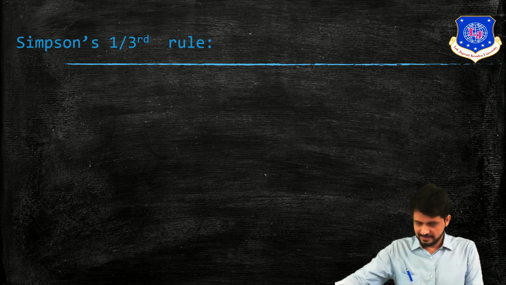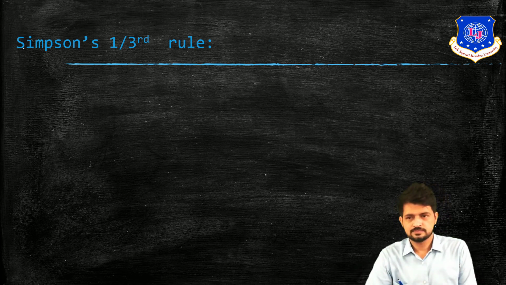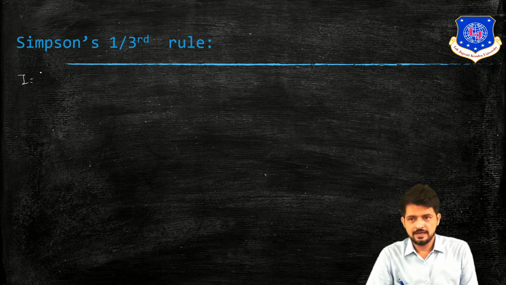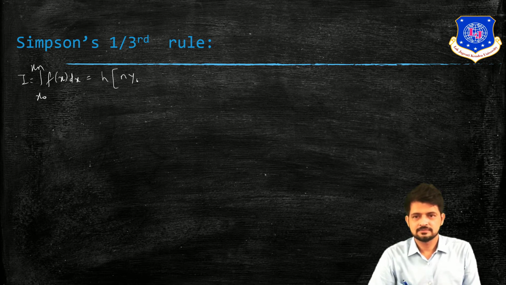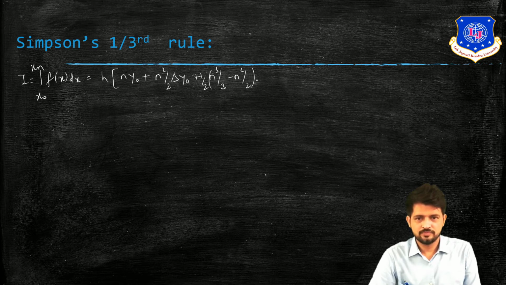We remember what our Newton-Cotes formula is. Integration from x0 to xn, f of x dx can be written as h in bracket n y0 plus n square by 2 del y0 plus 1 by 2 into n cube by 3 minus n square by 2 into del square y0.